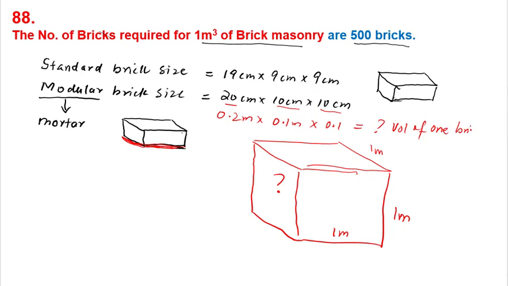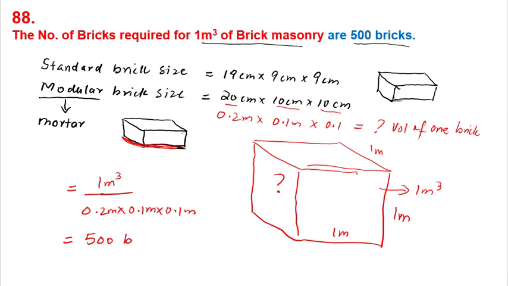We divide 1 meter cube by the volume of one brick. Divide this and you will get 500, which is the number of bricks required for 1 meter cube of brick masonry. Got it?